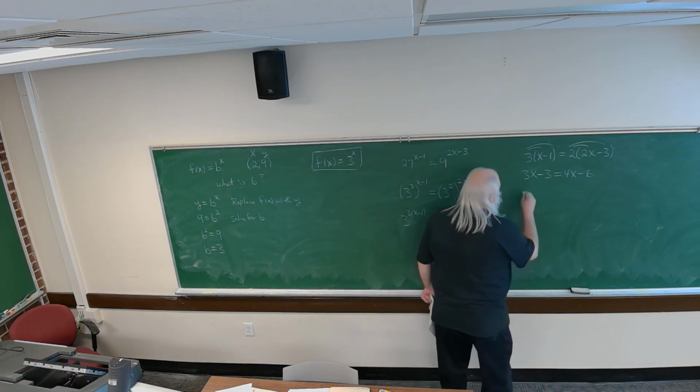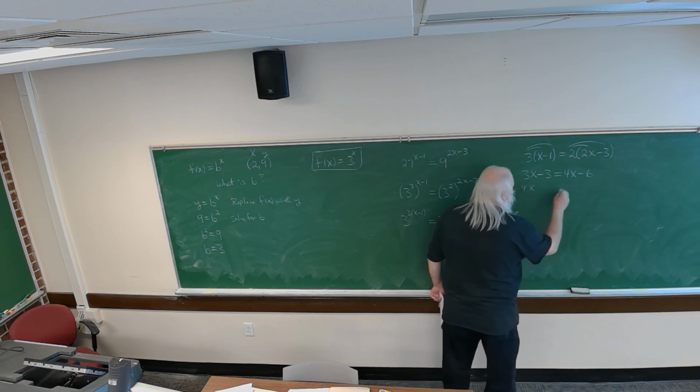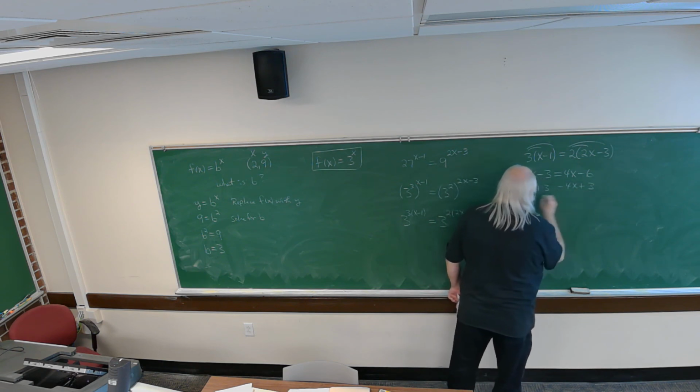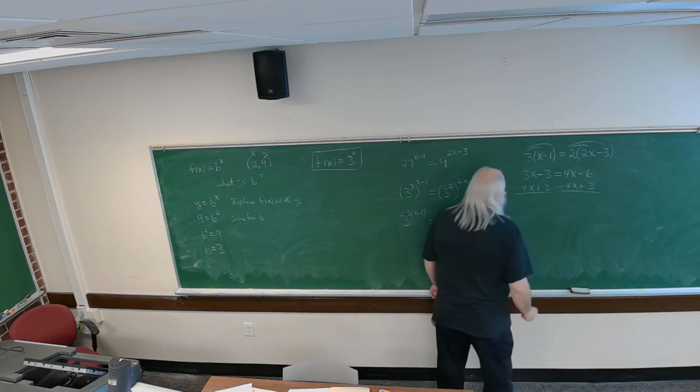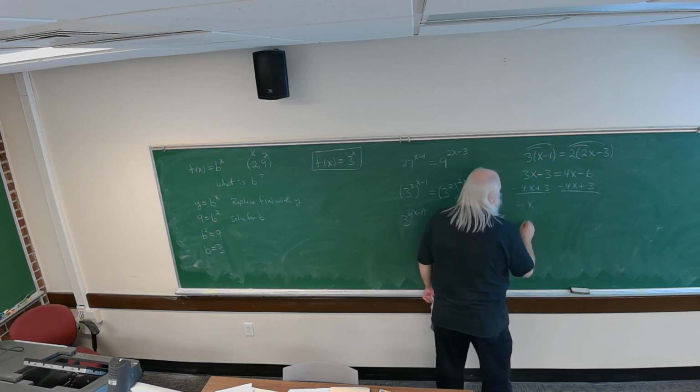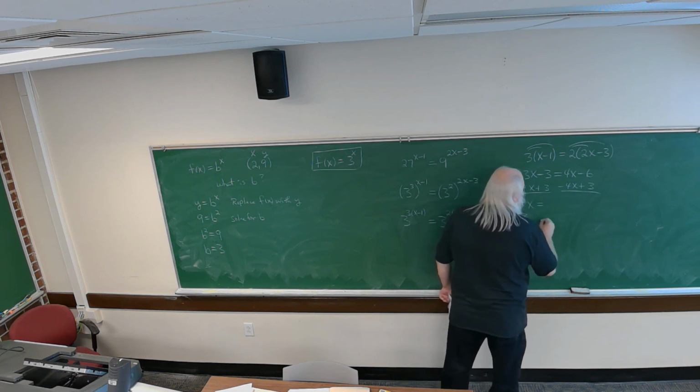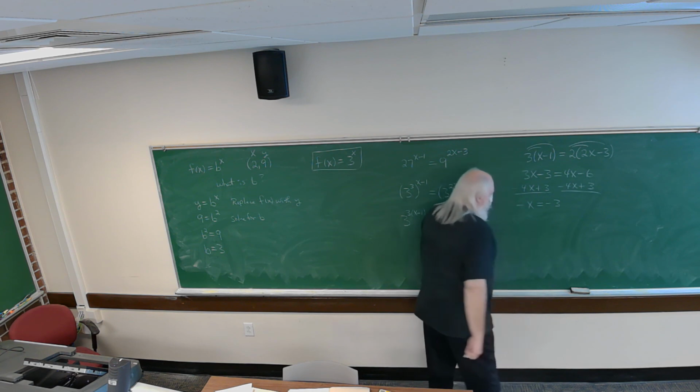So now I can subtract 4x from both sides and add 3 to both sides. When I do that, I get minus x on the left is equal to minus 3 on the right.